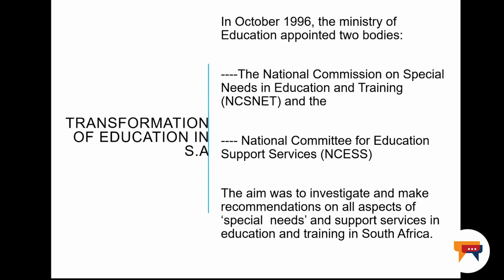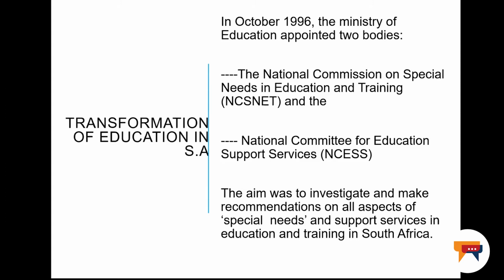And the first movement that took place was the appointment of 2 bodies by the Ministry of Education by then, and this took place in 1996. The 2 bodies I'm talking about are the National Commission on Special Needs in Education and Training, as well as the National Committee for Education Support Services.